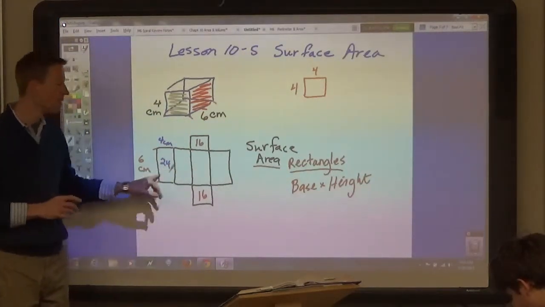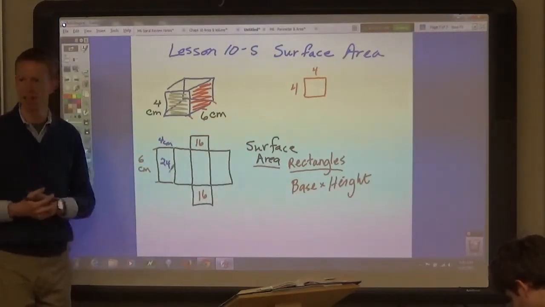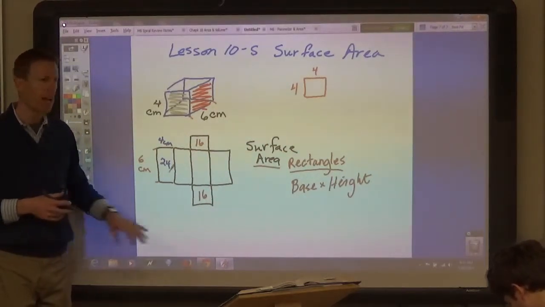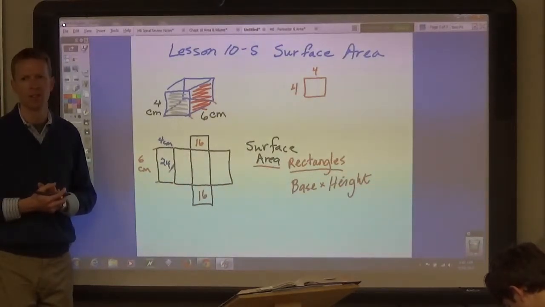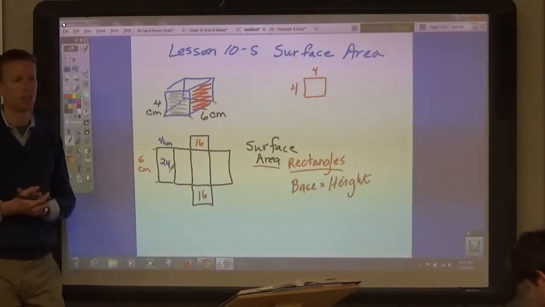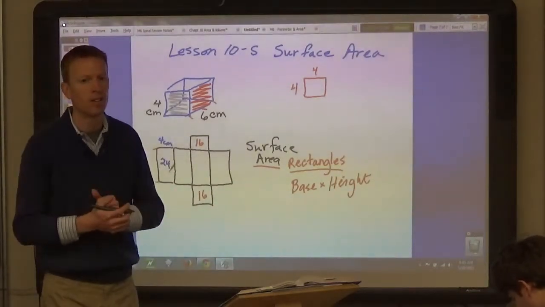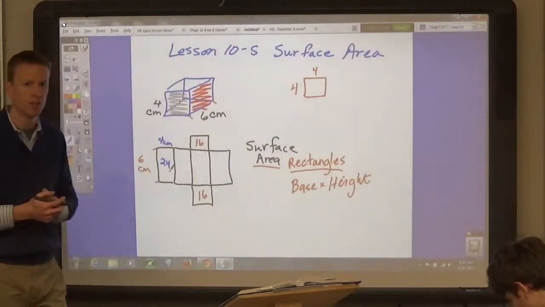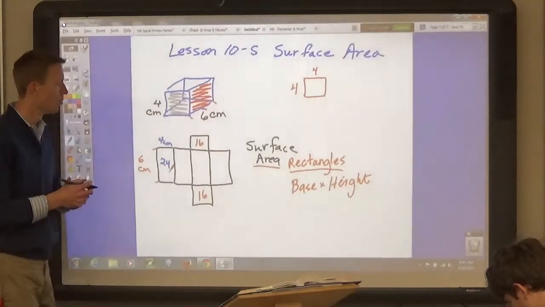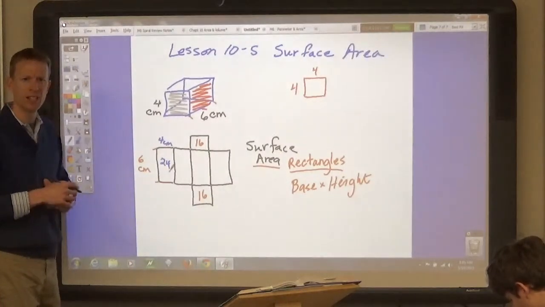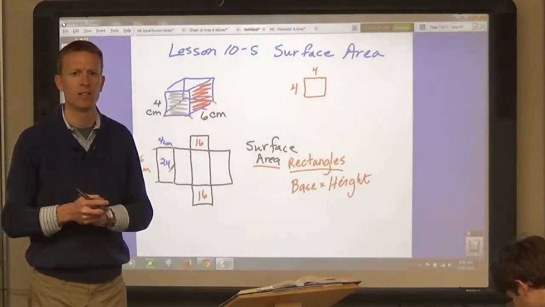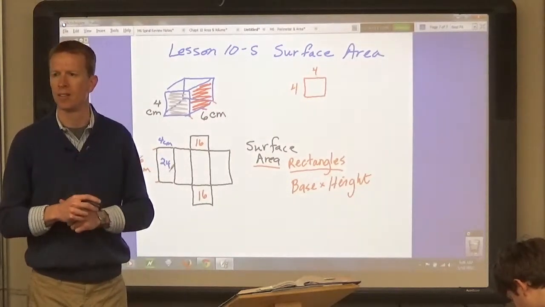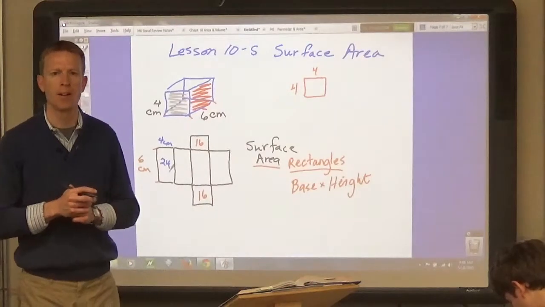Now, how can we use these numbers in a formula to get the surface area? We could add them all up, or we could use what? Formula. What formula? Why 1/2? These are all rectangles, John. Okay. Kira?